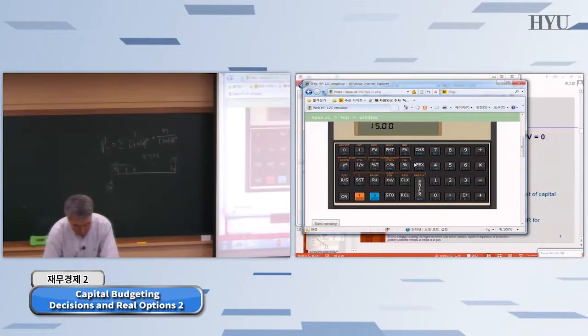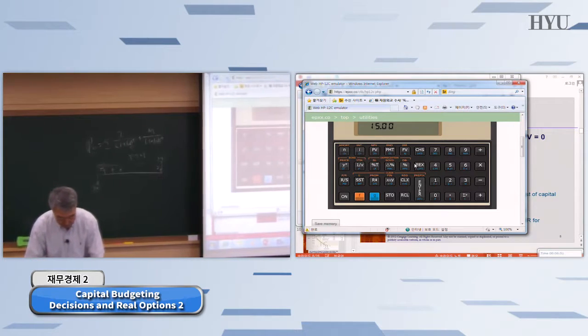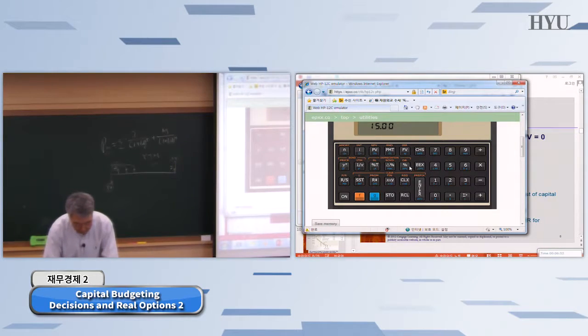Then what should I do? At this point, did I miss anything? Because we're trying to calculate the internal rate of return. See what happens here.